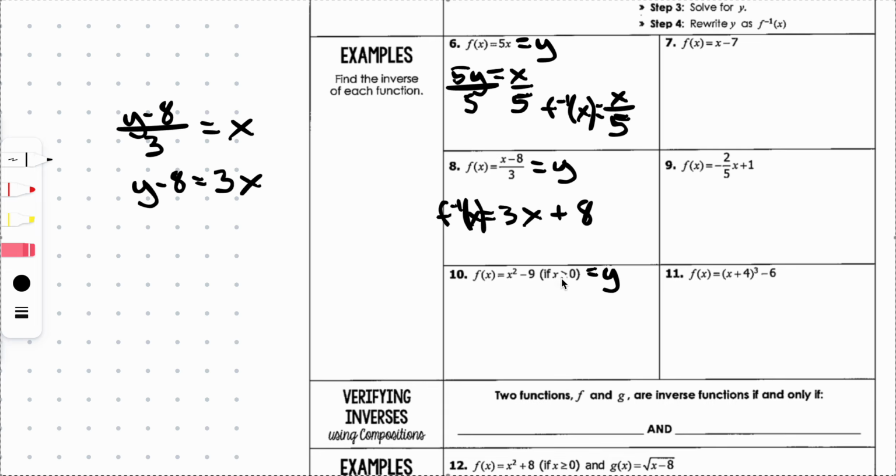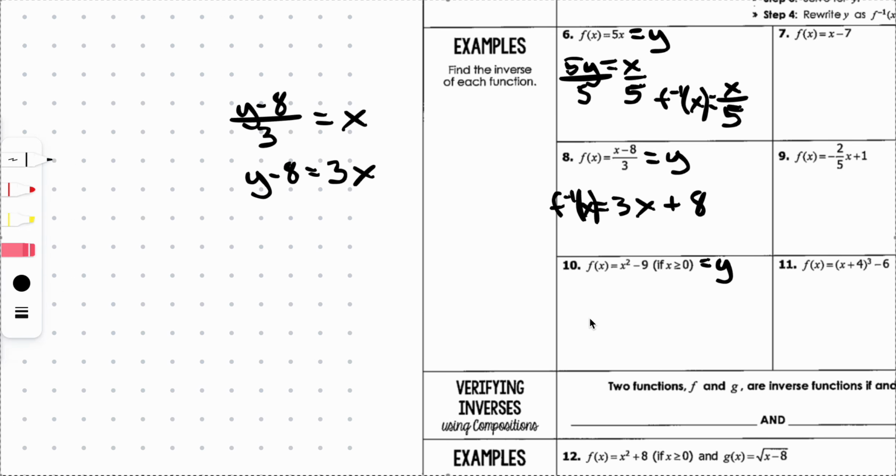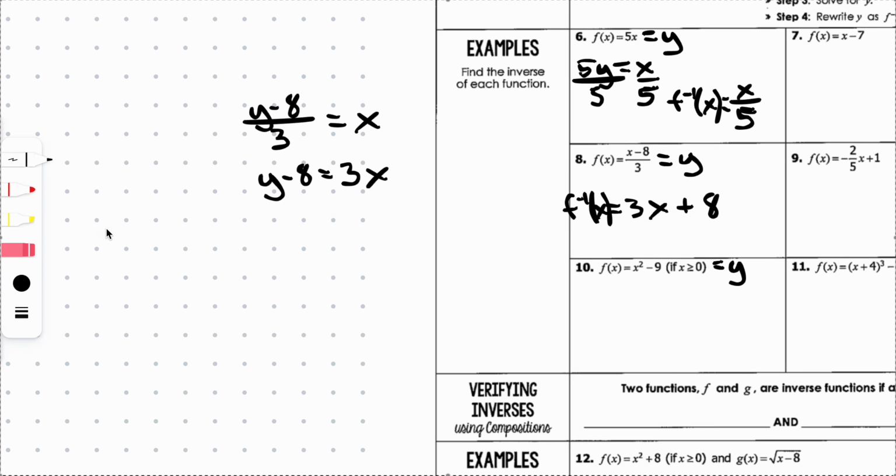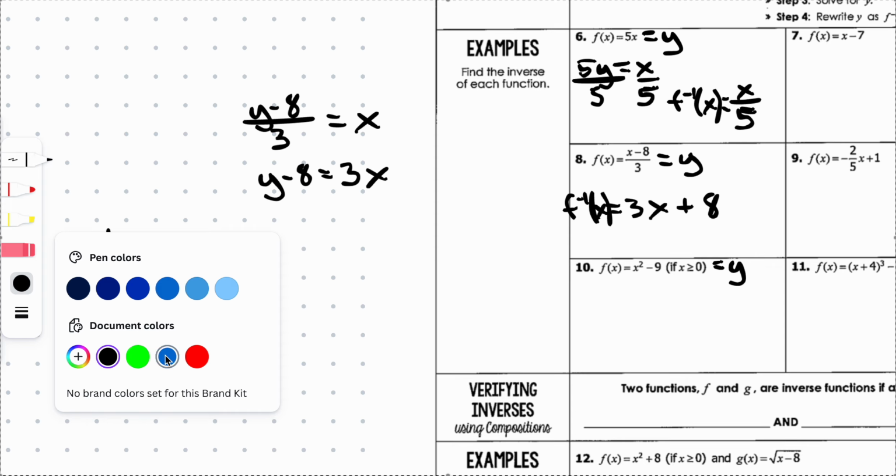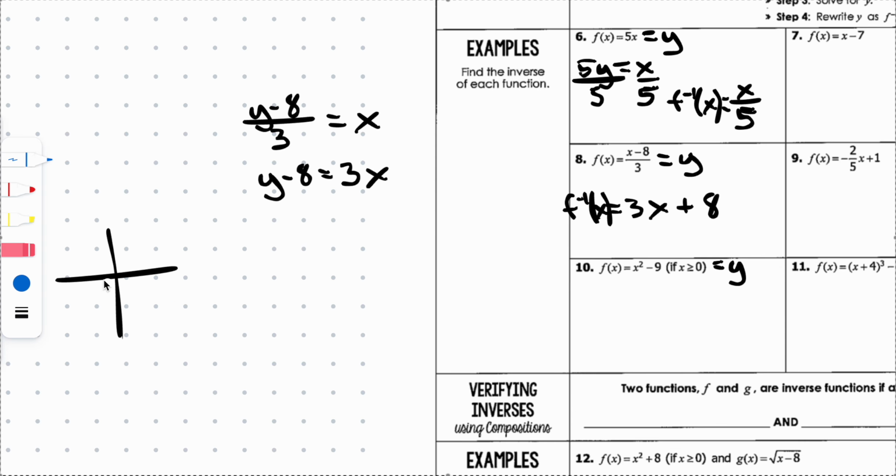And in a second, or actually, you know what I'll do right now, is if we graph f of x, if we graph x squared minus 9, that's going to be a normal parabola that's shifted down 9 units, right? So it's going to look something like that.